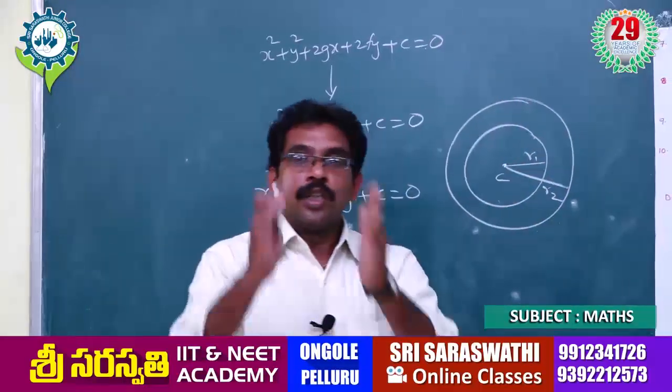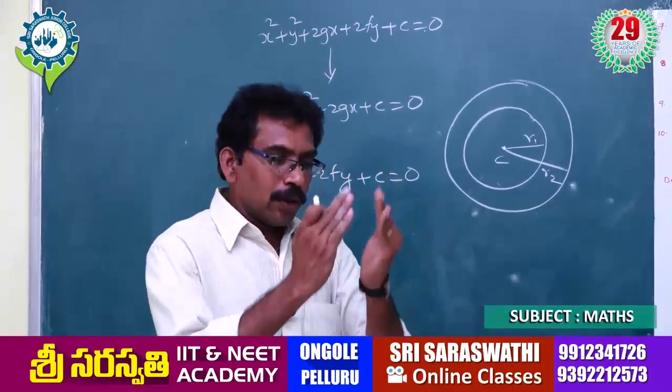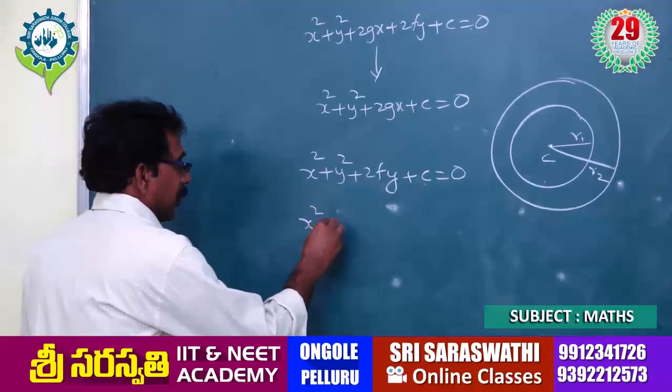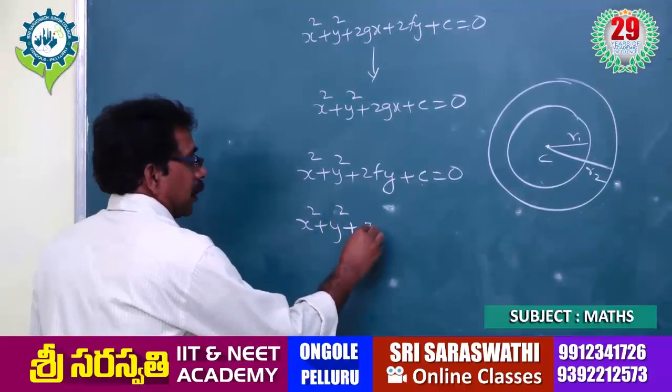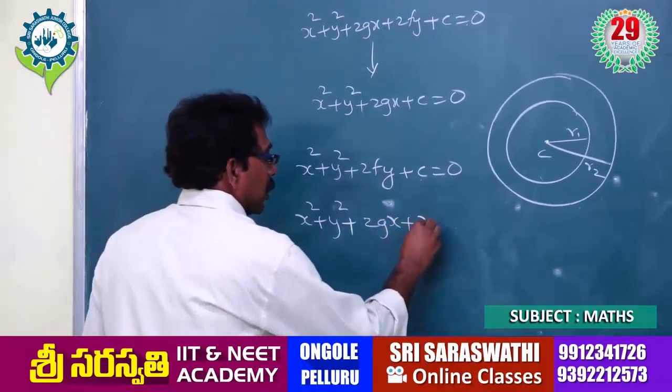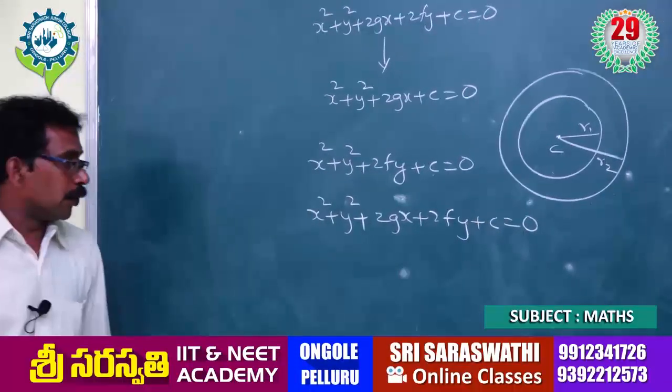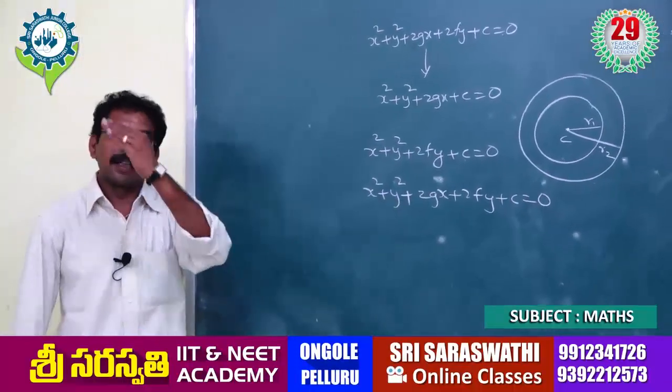Next, if we know one circle as x square plus y square plus 2gx plus 2fy plus c is equal to 0, this is one circle.